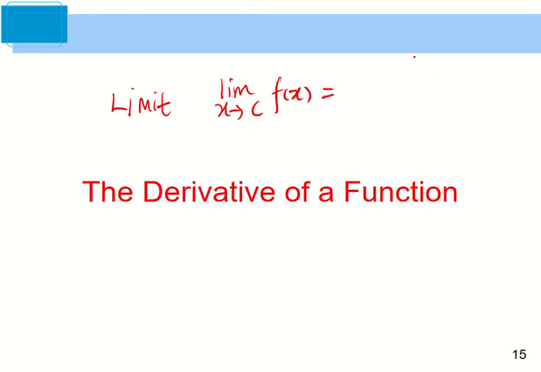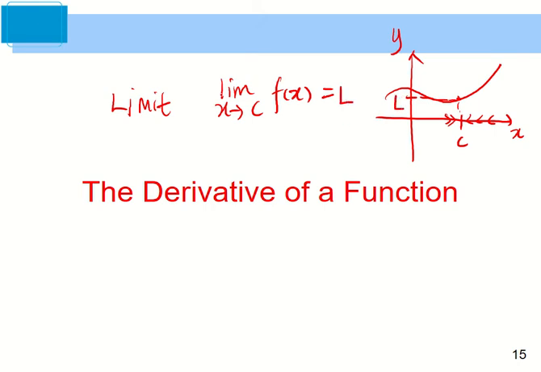When x is getting closer to a value c, let's say on the graph, this is the point c, from the left and from the right, what happens to y? If y is getting closer to the value L, we say the limit of the function f(x) when x approaches c is L. So basically, L refers to the behavior of y. y is getting closer to L.